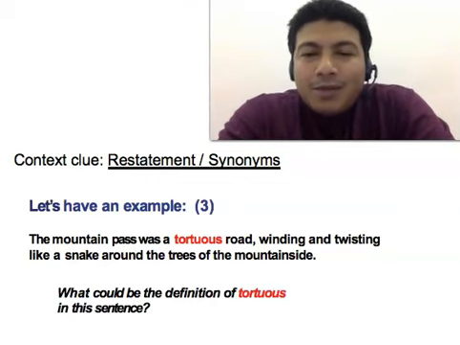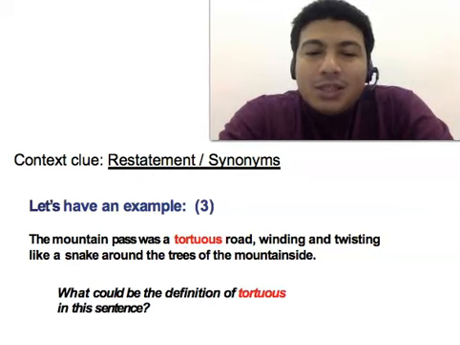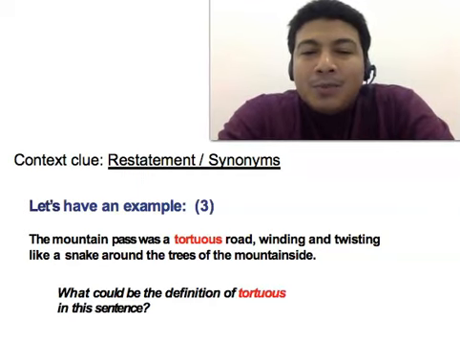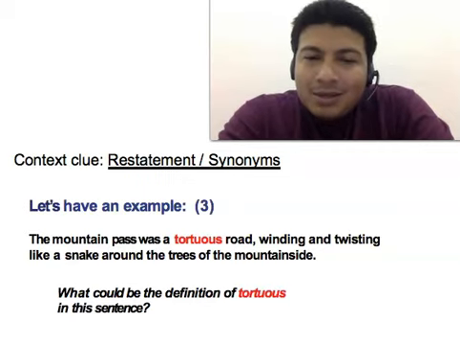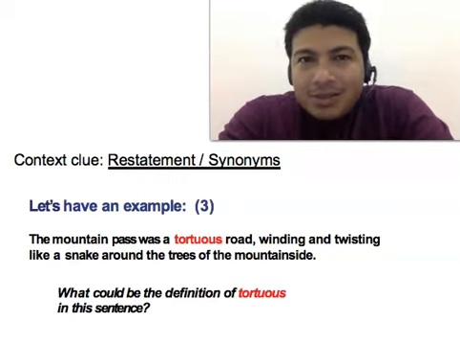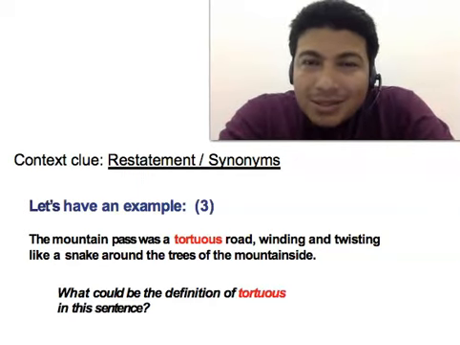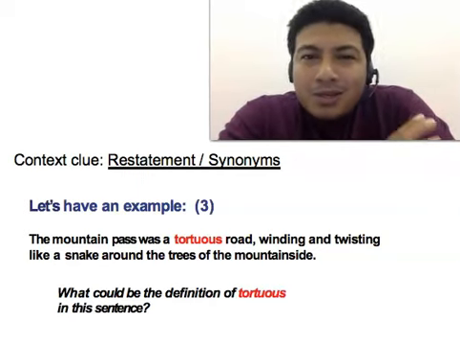So actually, you can find the synonym of the word tortuous in the same sentence, which is winding and twisting. So the synonym could be in the same sentence, could be in a different sentence, could be in other parts in the paragraph.